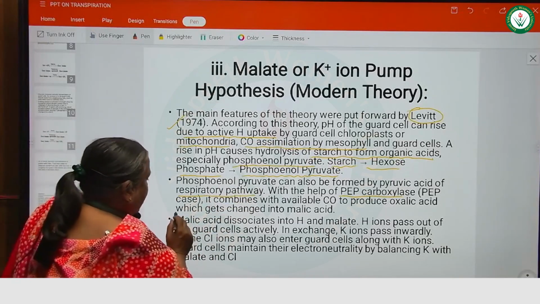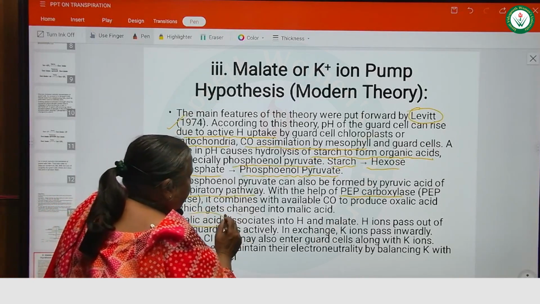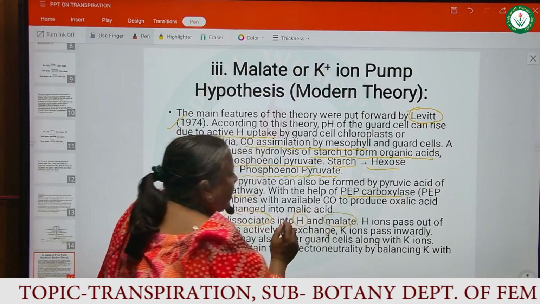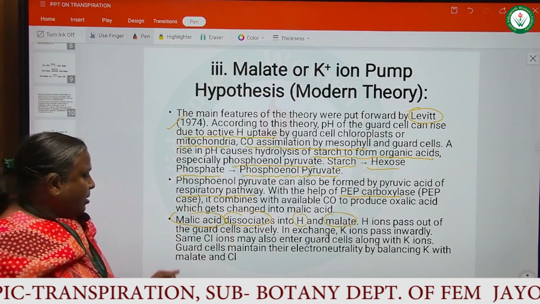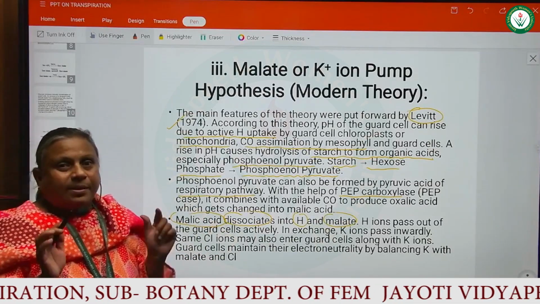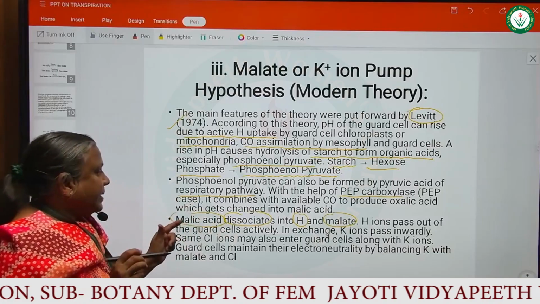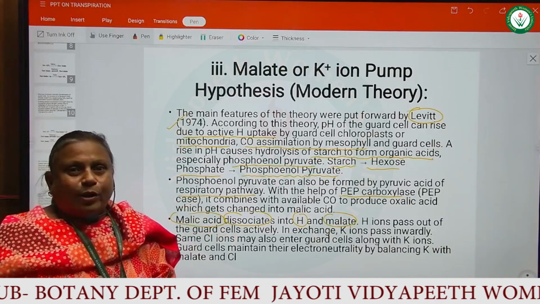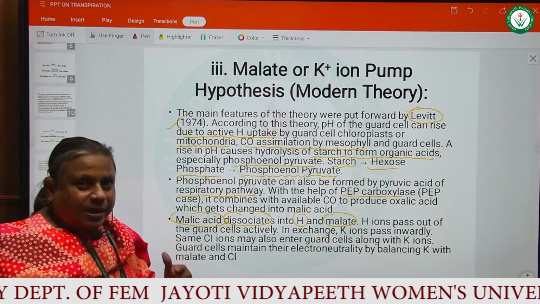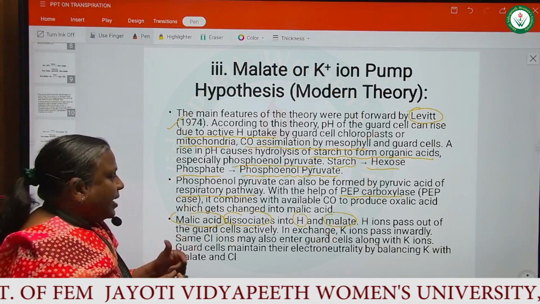Malic acid now dissociates into hydrogen ion and malate ion. So the hydrogen ions pass out of the guard cells actively. What happens? Malic acid dissociates into hydrogen ions and malate ions, and the hydrogen ions pass out of the guard cells.